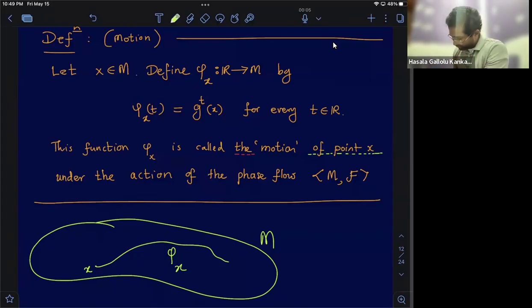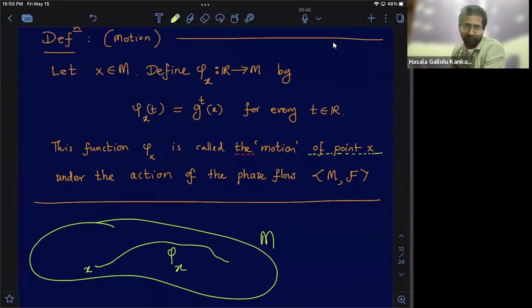And if you look at this function itself, you cannot say at which point it's going to be, at which time. It's going to be just kind of a trajectory that you're going to see. And if you need to see what's happening with time, you need to extend this to another dimension. Let's wait for that.